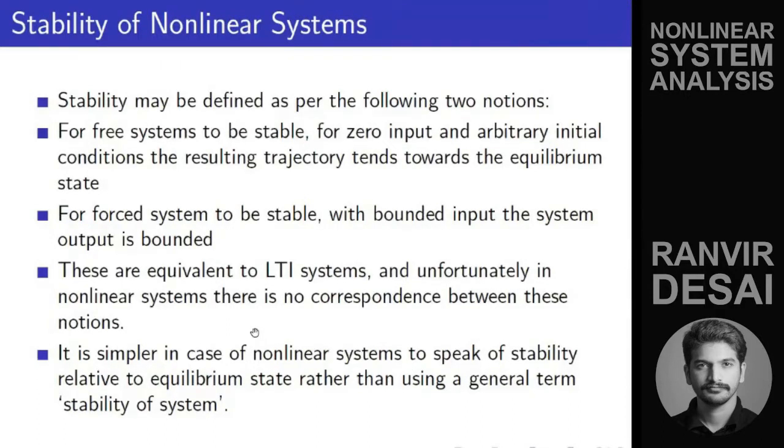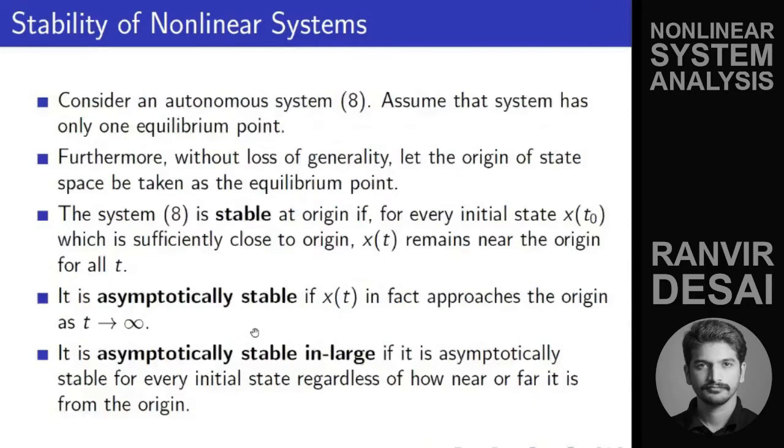The equilibrium point, let's say (1, 2), is stable, or (0, 0) is stable, or unstable if it is unstable. So when we talk about stability in nonlinear systems, we talk about stability of equilibrium points or singular points, not the whole system.